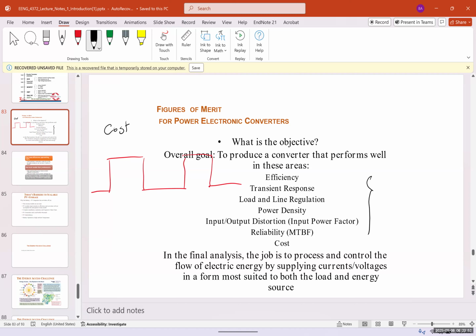If it's cheap, the efficiency is low, the quality of the signal is low, the control system is not sophisticated, very simple. The power density is not that good. So you have to compromise. The reliability is also low.